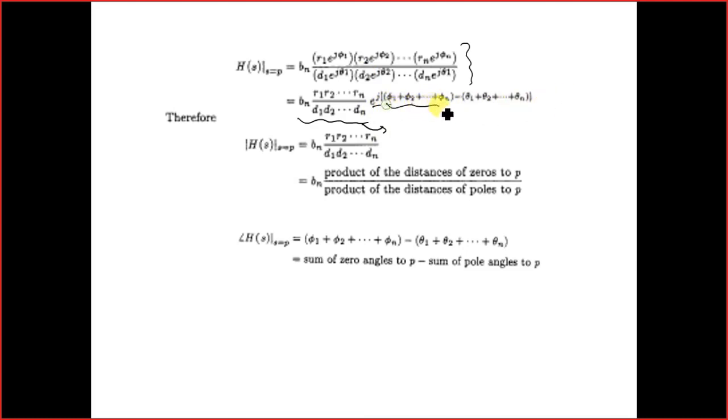So what are these phi's? Phi's are phase angles of the zeros minus the phase angles of the poles. So the phase response of the filter at a particular frequency point would be given by phi 1 plus phi 2 dot phi n minus theta 1 plus theta 2 dot theta n. So in this fashion it goes.